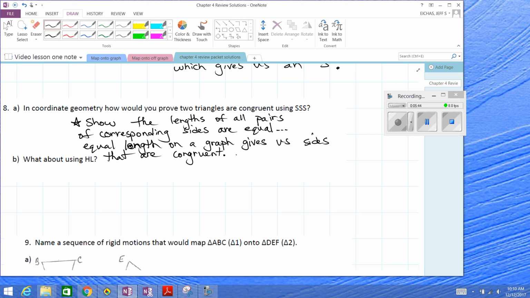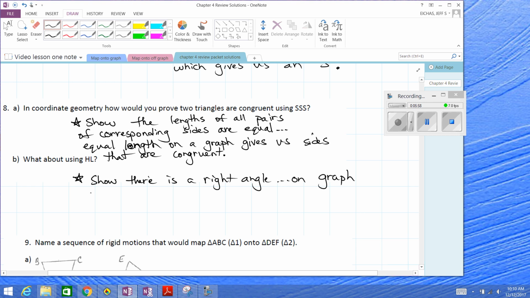All right, what about hypotenuse leg? Well, first we have to show there is a right angle, and on a graph that comes from perpendicular segments.